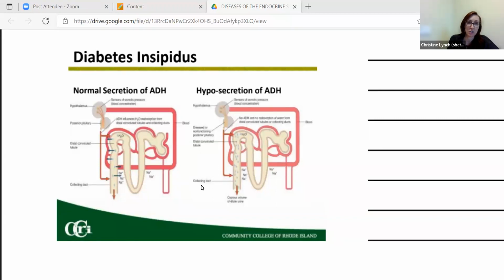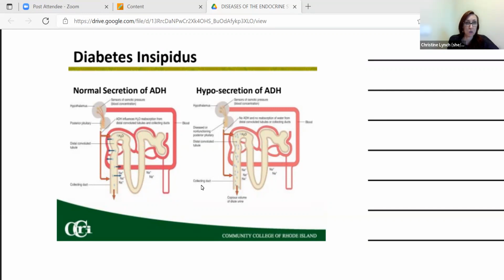In the picture on the slide on the left, you can see the normal function of the antidiuretic hormone that allows the water to be reabsorbed and electrolytes like sodium to be excreted. In the picture on the right, you can see that the water is being excreted and the electrolytes, such as sodium, are being absorbed.